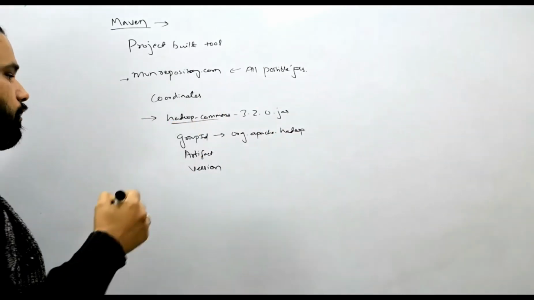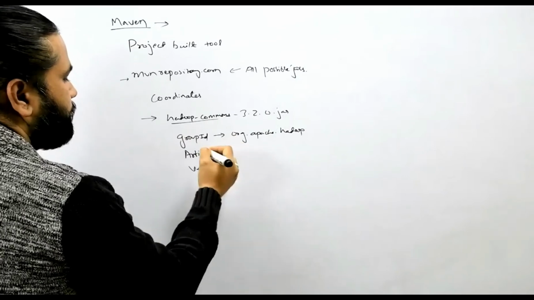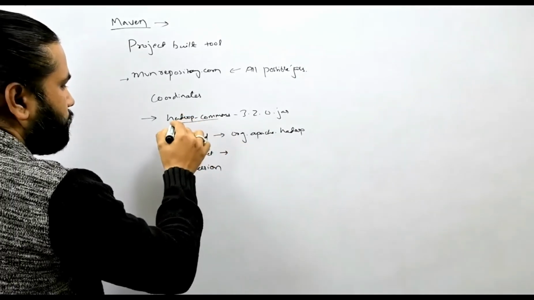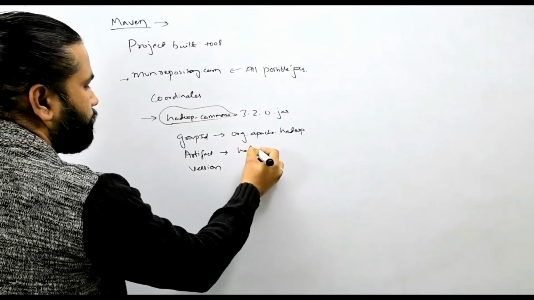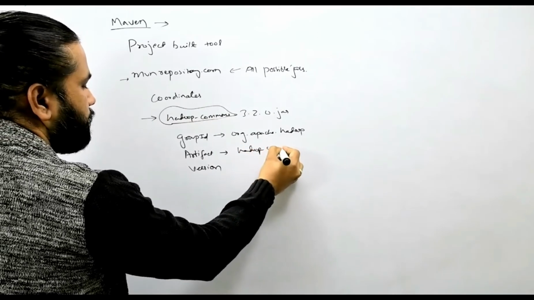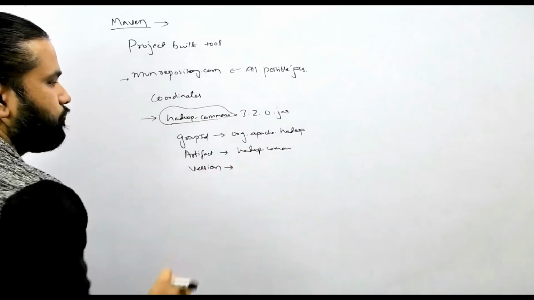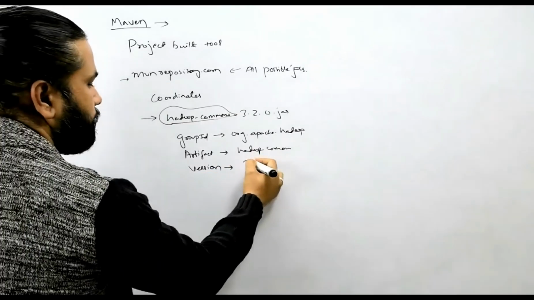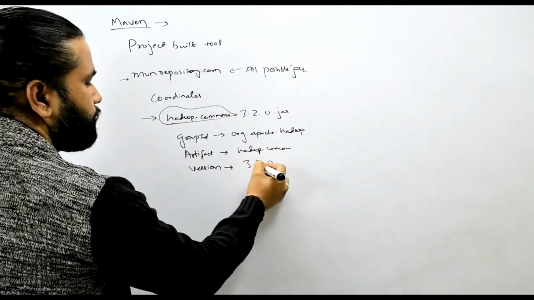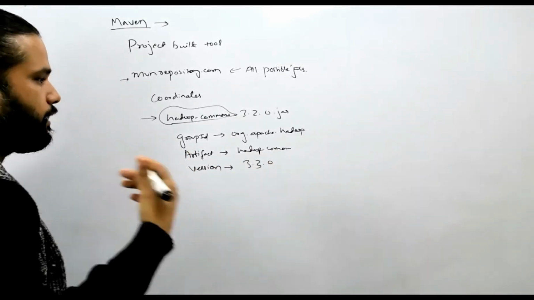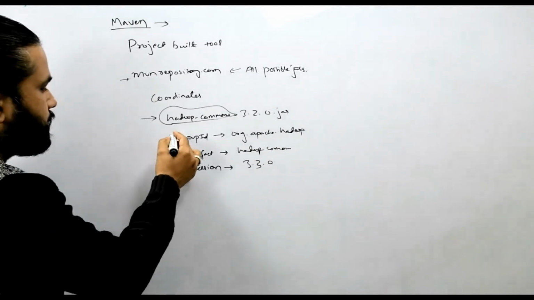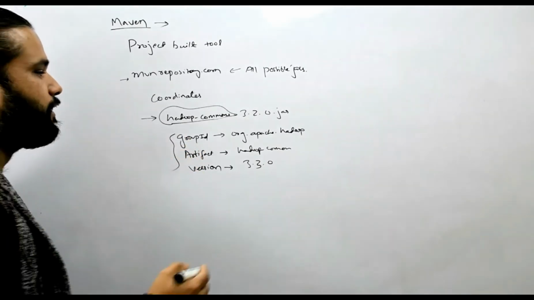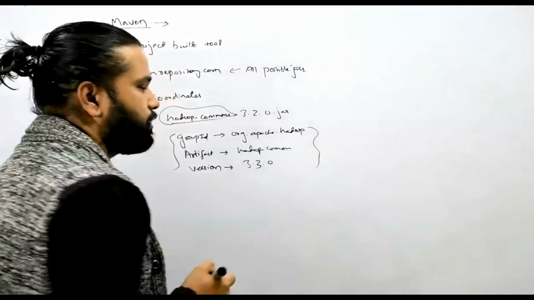Now, the artifact ID would be basically this name, Hadoop Common. And the version would be the version number, or 3.3.0 or 3.2.1 and so on. That is how Maven can identify any particular jar file.